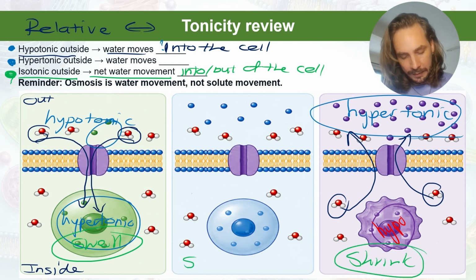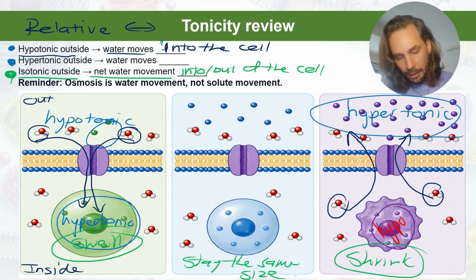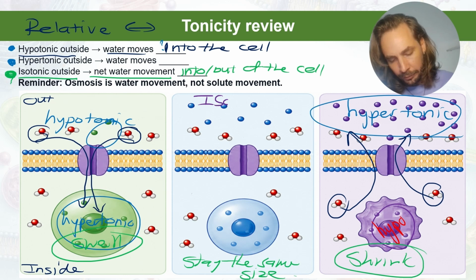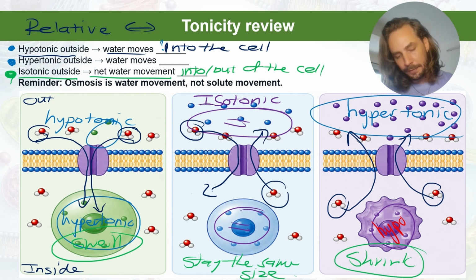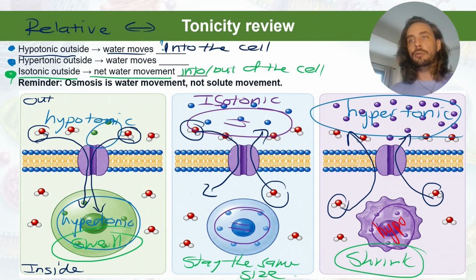It's going to stay the same size. And this is my isotonic solution because the amount of solutes outside is equal to the amount of solutes inside, which means that if a water molecule moves in, a water molecule will move out. It's going to have no net water movement. It's going to stay the same size.